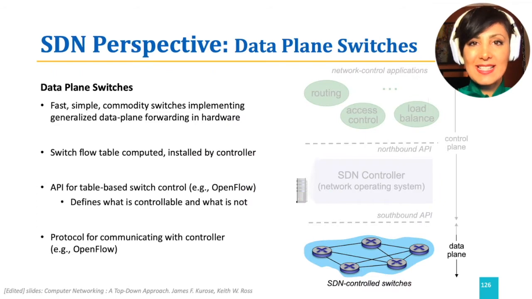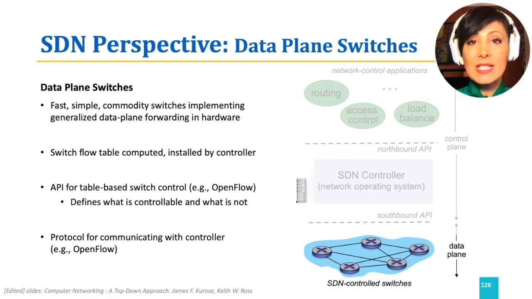In that sense, SDN can be divided into three components: data plane switches, SDN controller, and network control applications. Therefore, the SDN control plane spans two components, the SDN controller and the SDN network control applications.